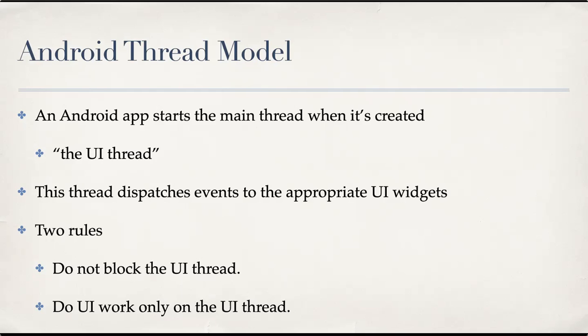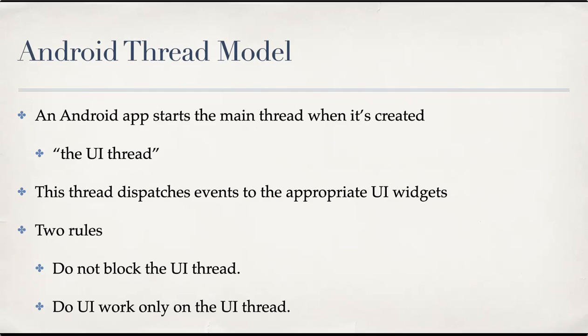All the UI rendering, most of the interaction so far has happened on that thread. This thread then dispatches events for the appropriate UI widgets. So the listeners that we have implemented, for example, are observing things on a different thread, not the UI thread, etc.